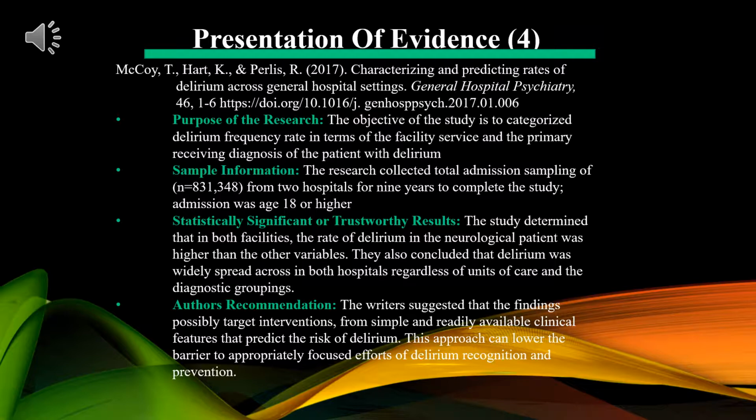The authors therefore suggested that the findings could possibly target interventions for sample and readily available clinical features that predict the risk of delirium. This approach can lower the barrier for appropriate focus efforts of delirium recognition and prevention.